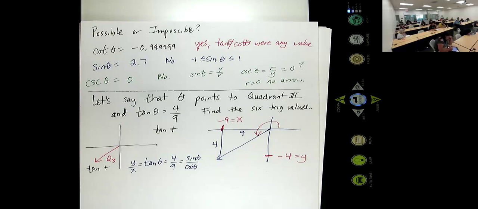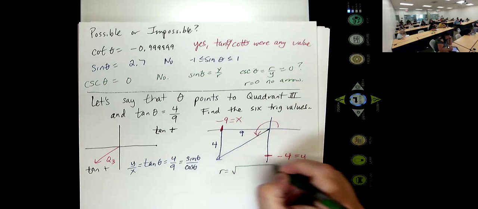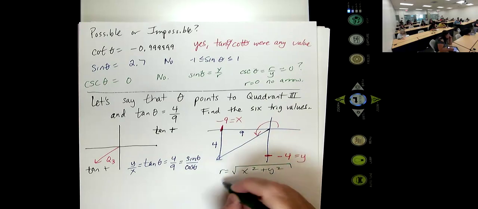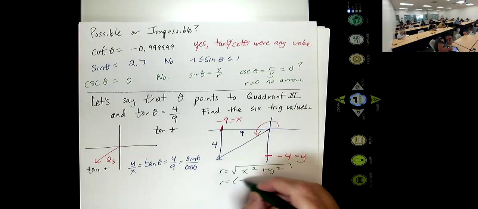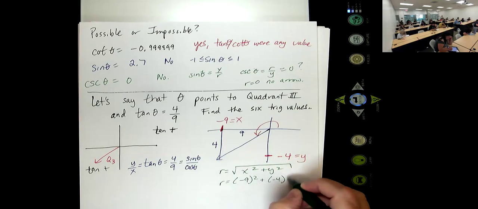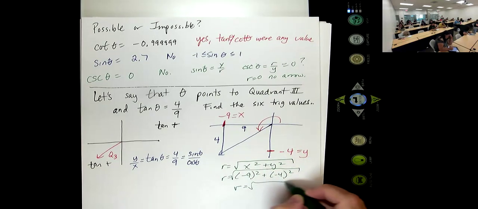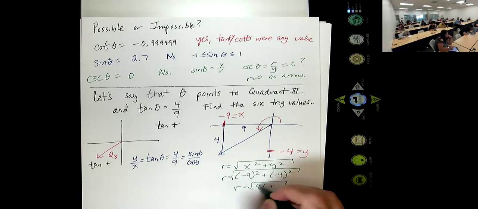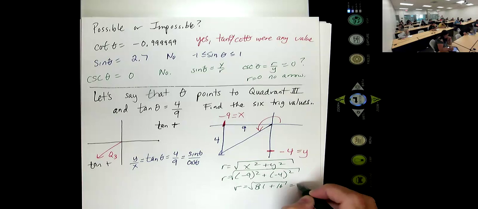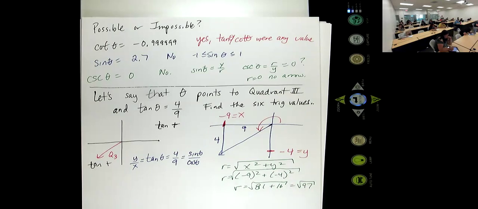Alright, so to do the rest, we have x, we have y, we need r. R is the square root of x squared plus y squared, that hasn't changed. -9 squared plus -4 squared is 81 plus 16, which is square root of 97, which I'm pretty sure is not a nice number, so I'll just leave it as that.